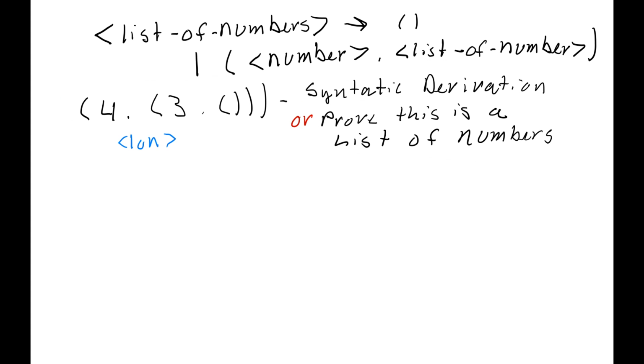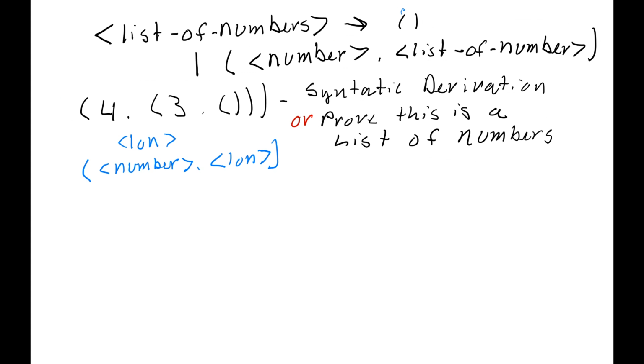So we can replace an LON with either an empty list or a full list. And since there are numbers still inside of it, we're going to do a full list. So I'm going to replace that with a number paired with another list of numbers.